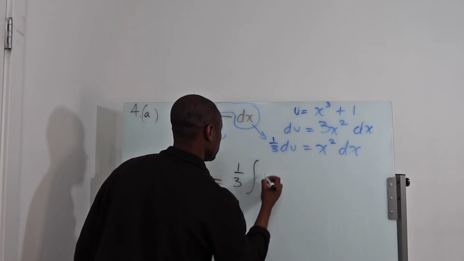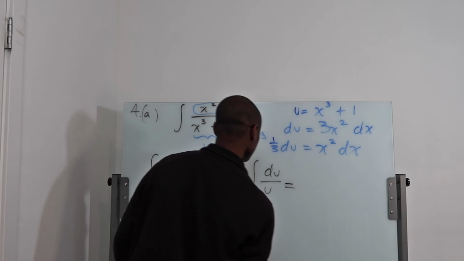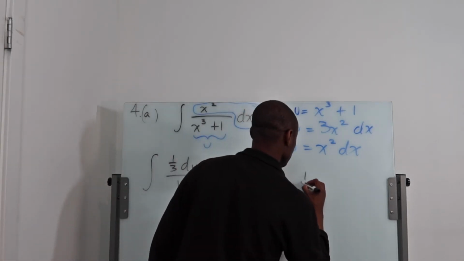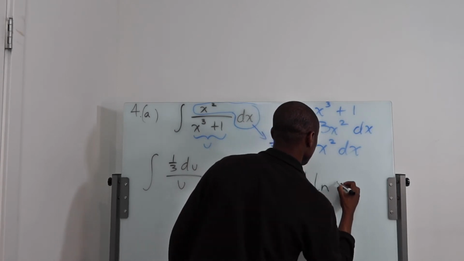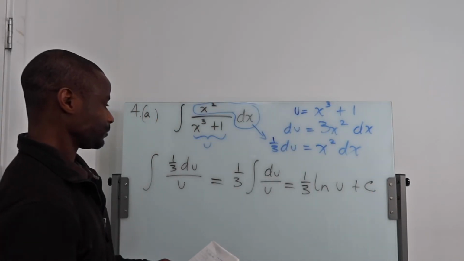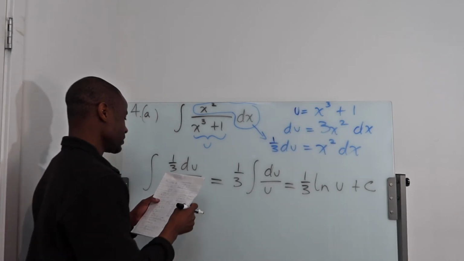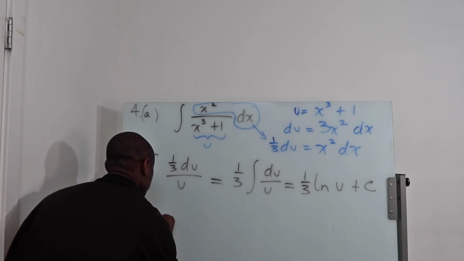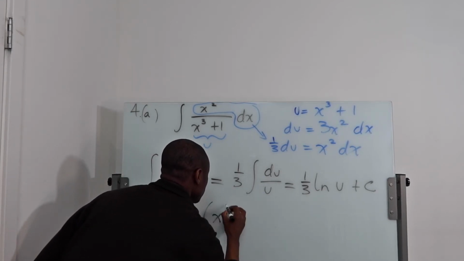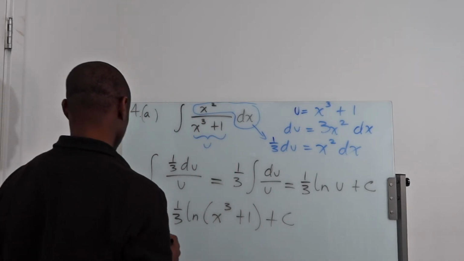It becomes 1/3 the integral of du over u, and we know the integral of du over u is simply the natural log of u, so that becomes 1/3 the natural log of u plus c. Now, u was defined to be x cubed plus 1, so let's go ahead and substitute that. That gives us 1/3 the natural log of x cubed plus 1 plus c.